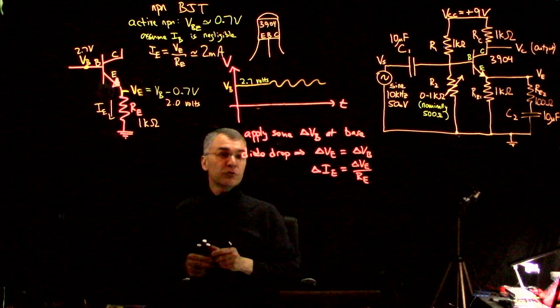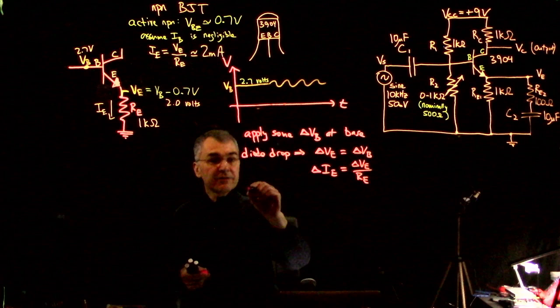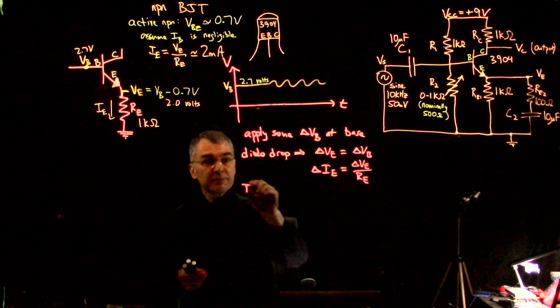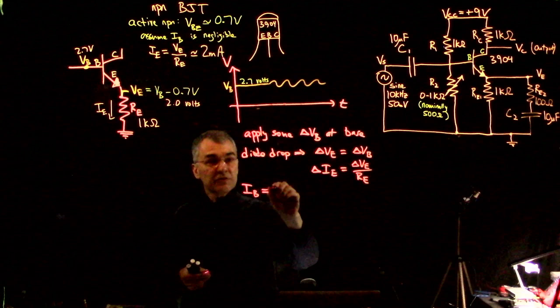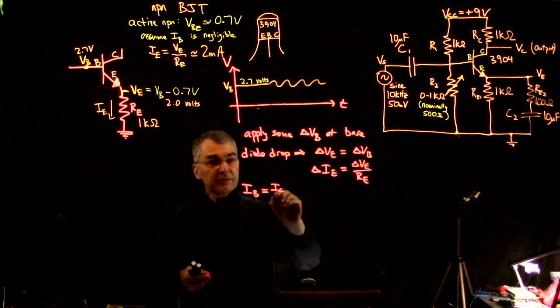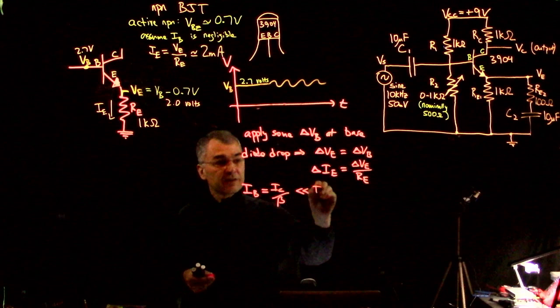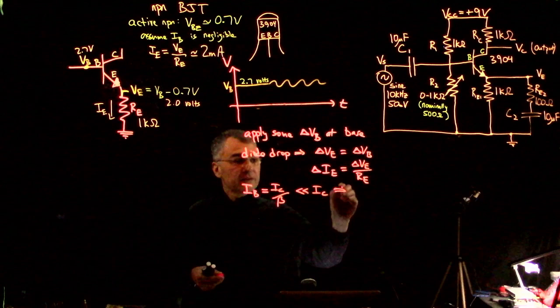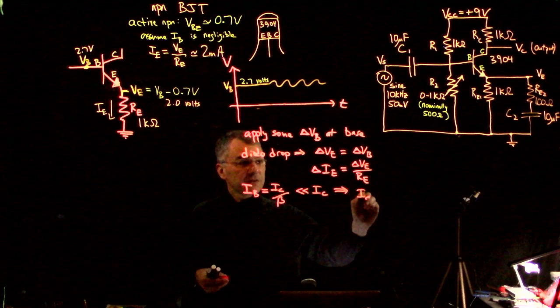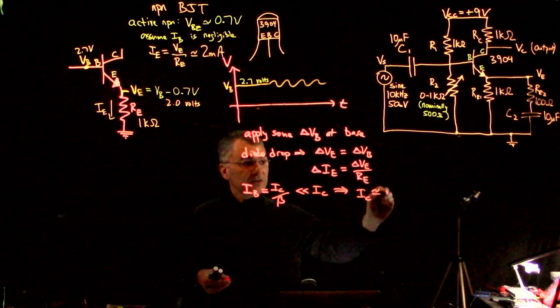And then you know that the base current is the collector current divided by beta, so that's much less than IC. And so then we know that the collector current is about the same as the emitter current.